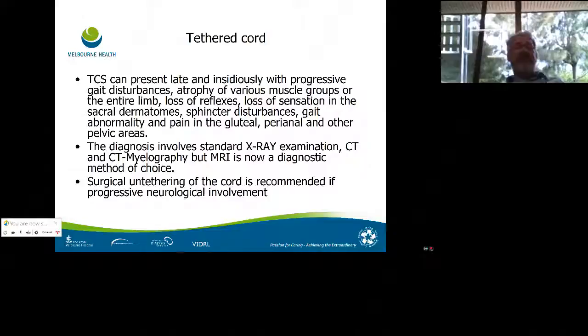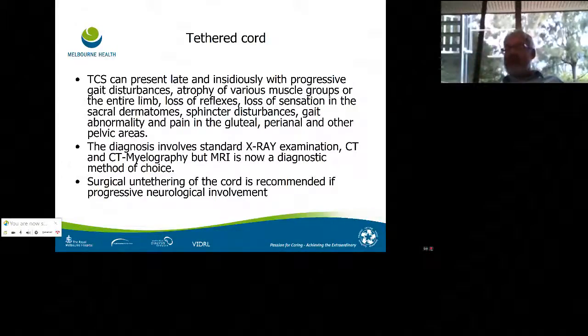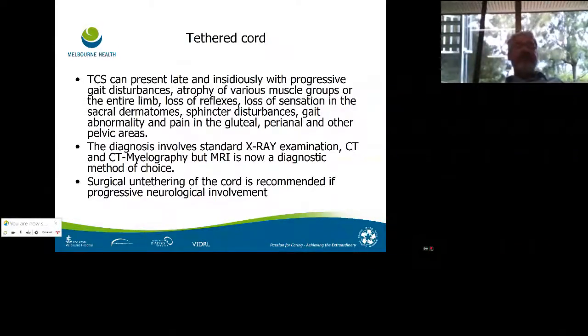Lack of sensation in sacral dermatomes, especially when there have been no issues previously. There can be sphincter disturbances, gait abnormality, and pain in the gluteal or perianal and pelvic areas.